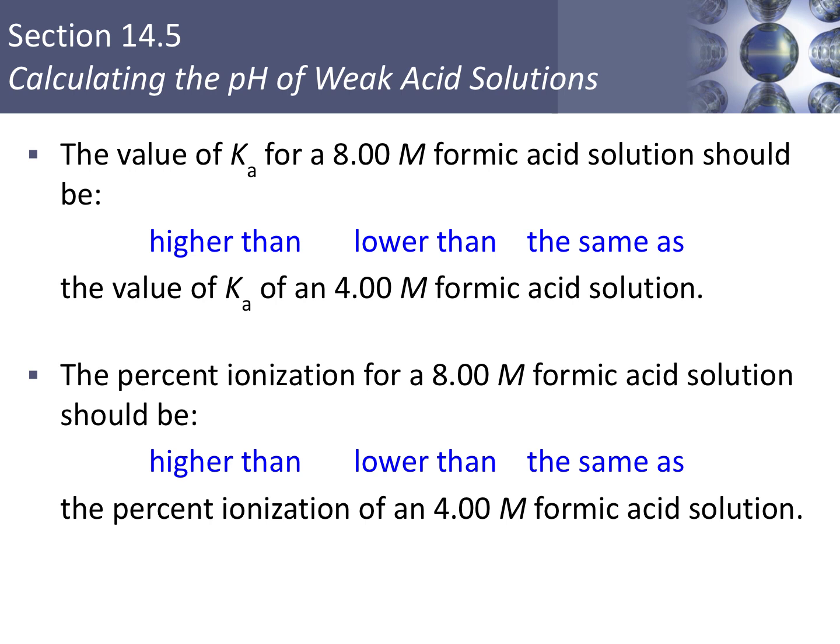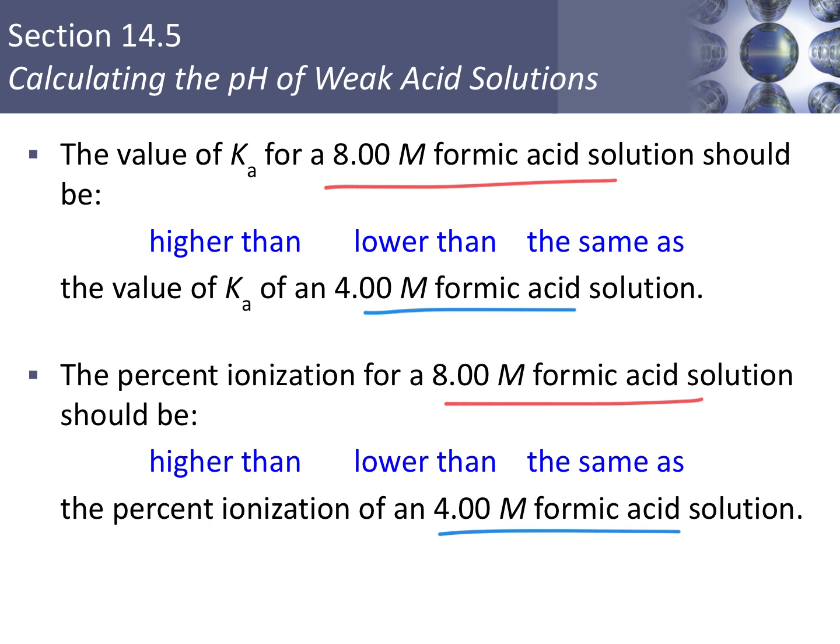Finally, let's do some comparisons of two different formic acid solution concentrations. We just calculated the percent ionization and the pH for a 4 molar formic acid solution. Let's say we had an 8 molar formic acid solution. So first question, what about the Ka value?